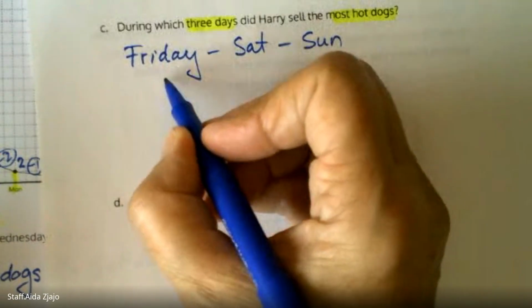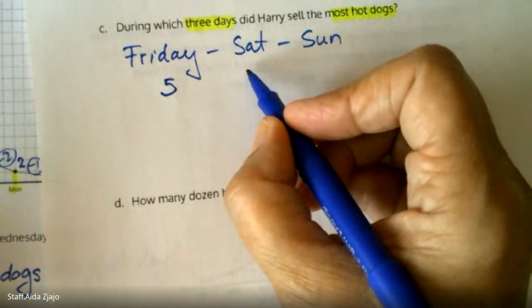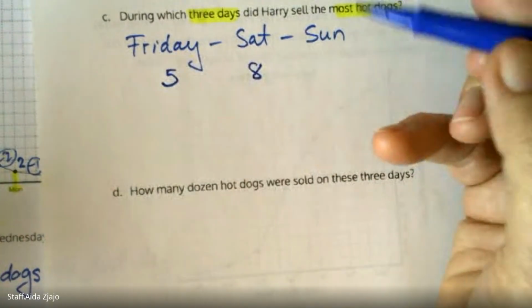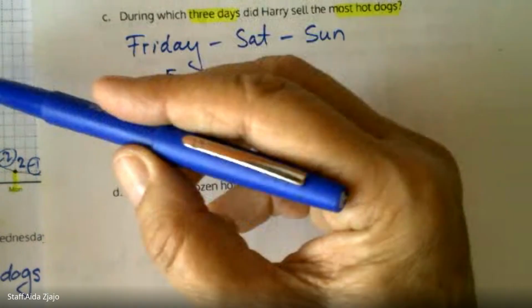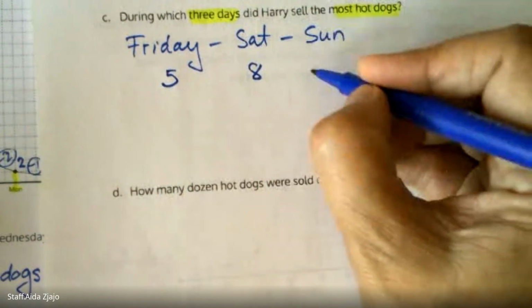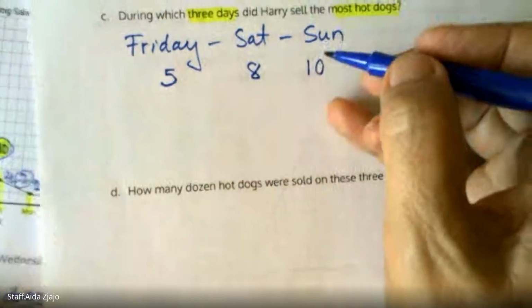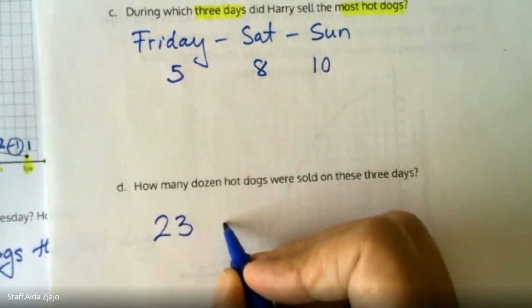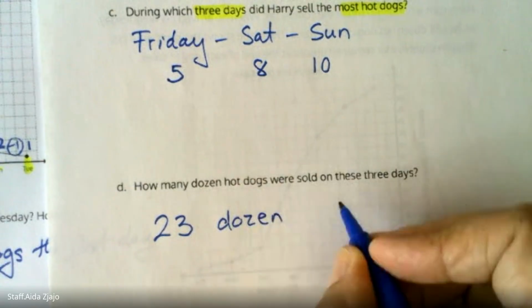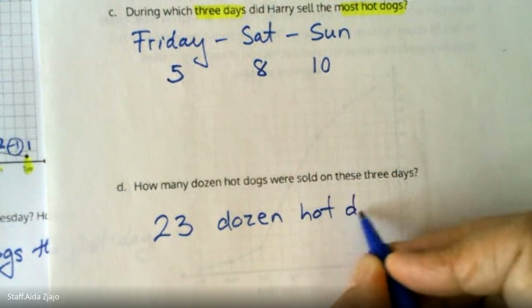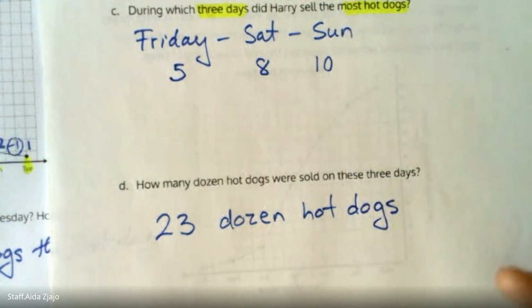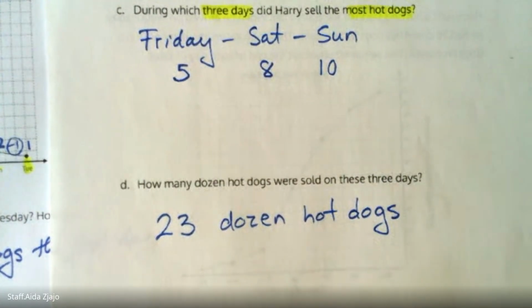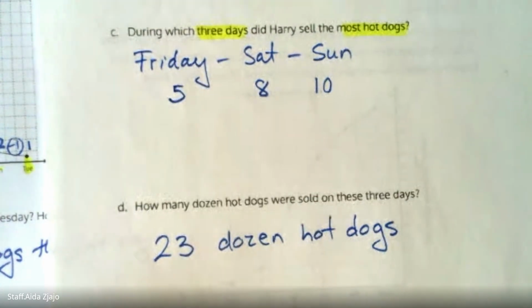So Friday 5, Saturday 8, and Sunday 10. All together should be 23 dozen hot dogs sold in these 3 days.